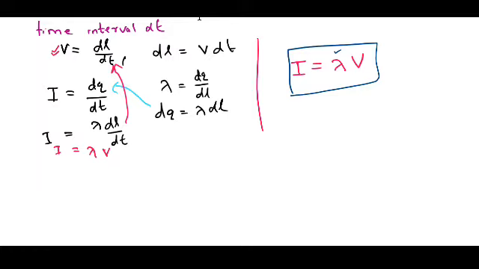Now, if I keep this wire in a magnetic field, then what will be the magnetic force on the current carrying wire? That is our next discussion: magnetic force on a current carrying wire.